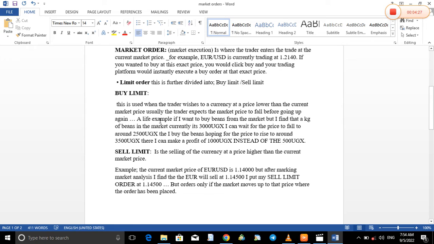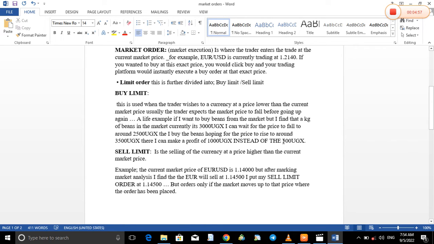A live example, if you want to buy beans from the market, but you find that a kilogram of beans in the market currently is at 3000 UGX, and you wait for the price to fall to around 2500 UGX, then you buy the beans hoping for the price to rise to around 3500. There I can make a profit of 1000 instead of 500 UGX.